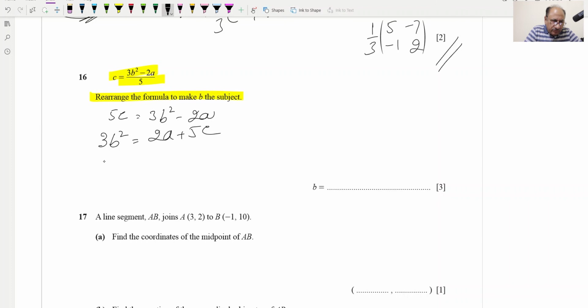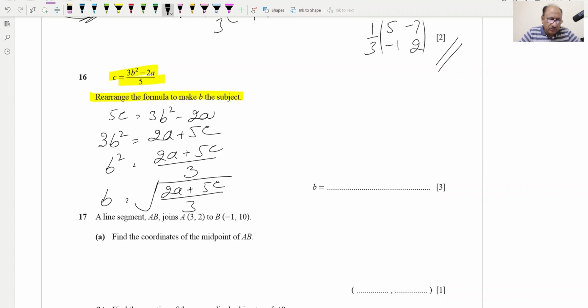Now we shift 3 also, so b squared is equal to 2a plus 5c divided by 3, and b will be equal to the square root of 2a plus 5c divided by 3. This will be our final answer. This is 3 marks question which we are done.